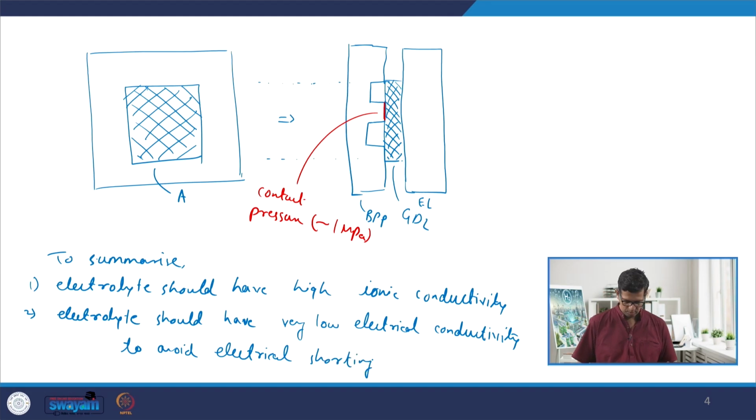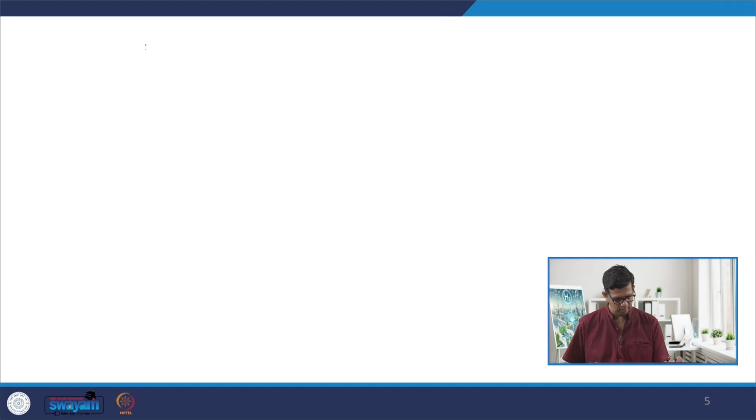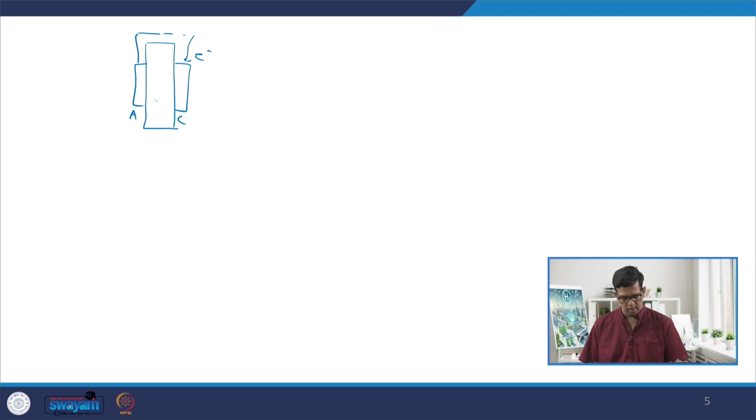Now what does this mean? Let us say this is a fuel cell, and we know that the electrons travel from anode to cathode. These are the electrons and these are the protons, theoretically.